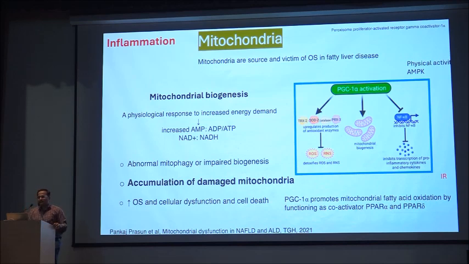That stimulates AMPK and stimulates PGC1 alpha. That leads to mitochondrial biogenesis, in addition to controlling ROS and the inflammatory mediators. In the presence of insulin resistance, this doesn't happen. There is accumulation of damaged mitochondria, which leads to increased leakiness of the mitochondria, leading to apoptosis and further perpetuation of oxidative stress. Thus, mitochondria are both the source and the victim.